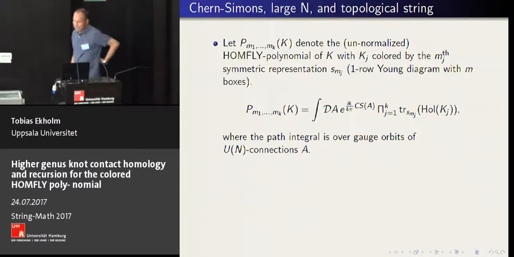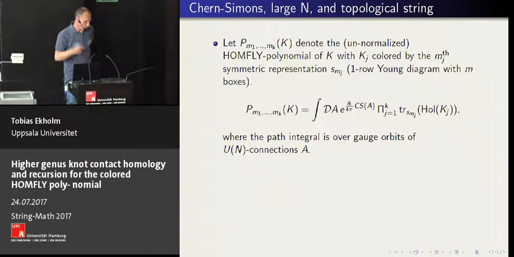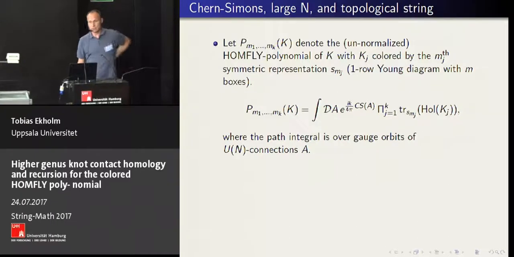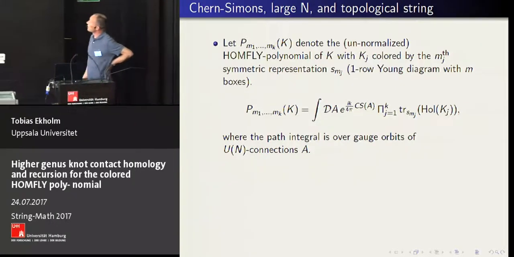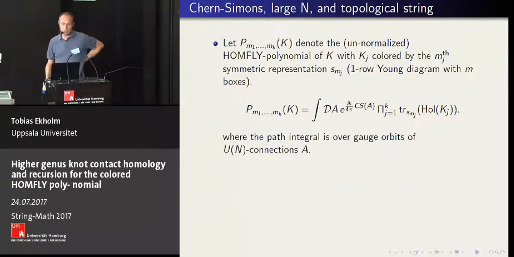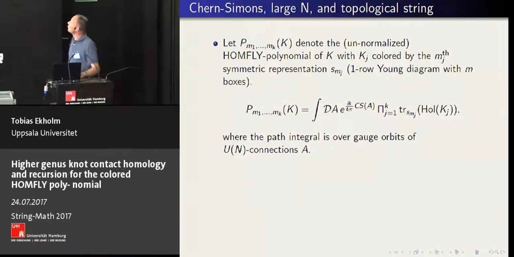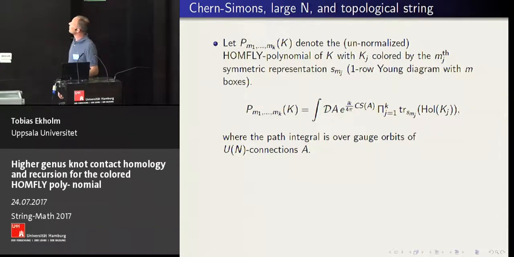So the thing that we are going to relate holomorphic curve counts, etc., to is Chern-Simons theory. And just to set the definition, I want to introduce notation for the colored HOMFLY polynomial, where the jth component of the link is colored by the m_j-th symmetric representation.